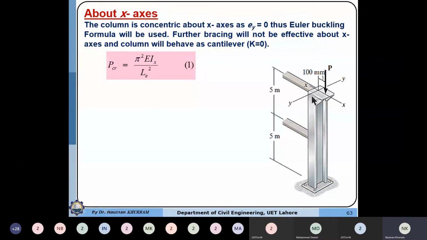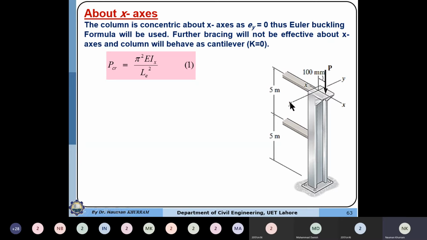So also about the x-axis, no bracing is provided along y. It means that the top end is free to move in y direction, or it is free to bend about the x-axis. So about the x-axis, the column will be considered as a cantilever. So the bottom end is fixed and the top end is free.